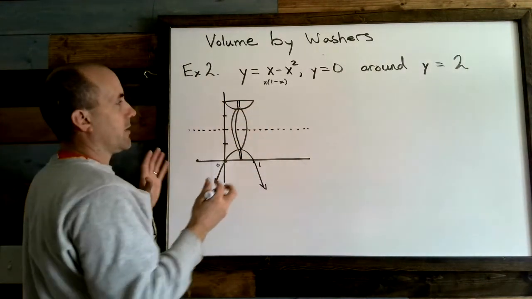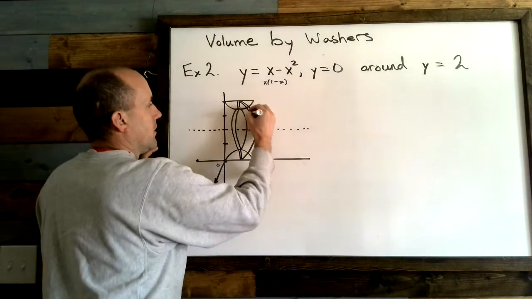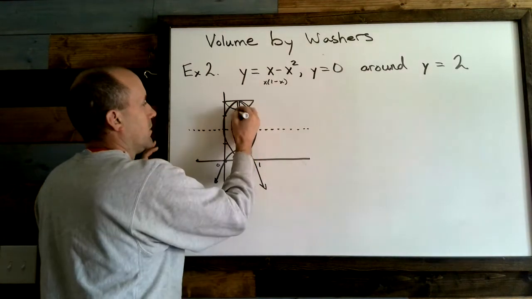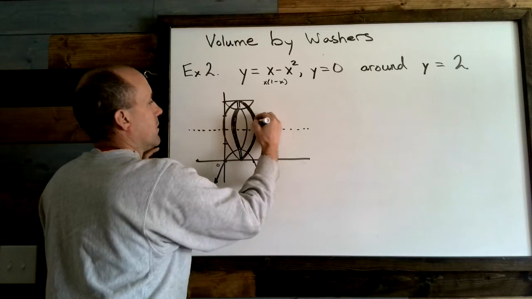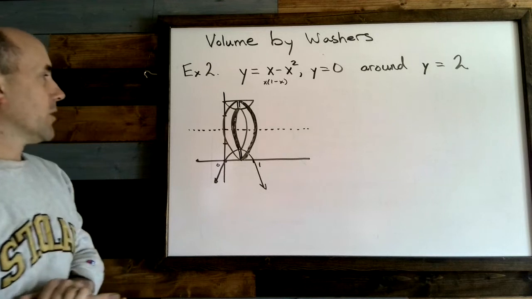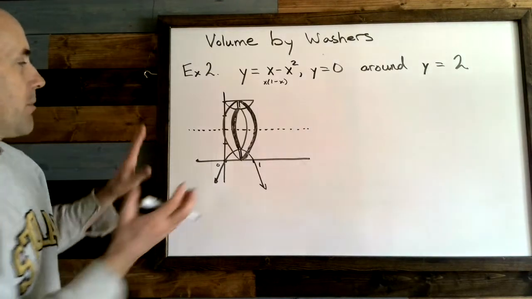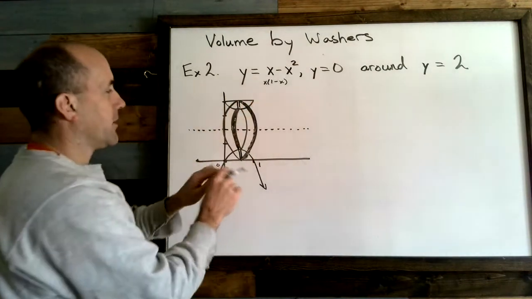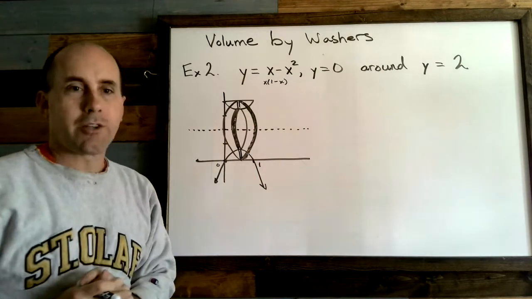Again, that's your inside that gets cut out, and then this is your outside here. So that's my washer. That's a little bit awkward looking because I drew it backwards from how you saw it before. This time the washer's kind of tilted this way. Usually we like to tilt them that way. I tilted it this way for you so you see that edge and then that edge. But that's my washer, okay?